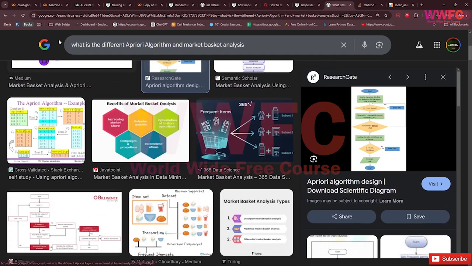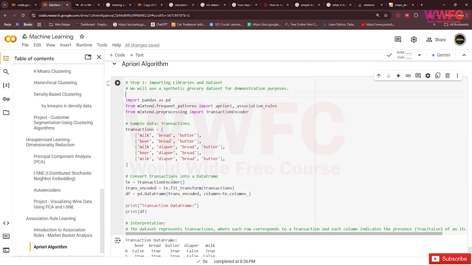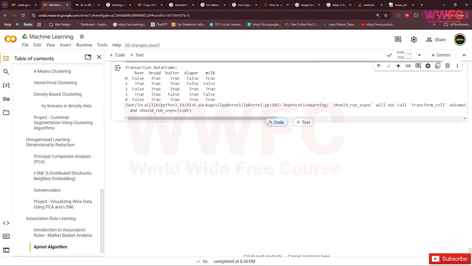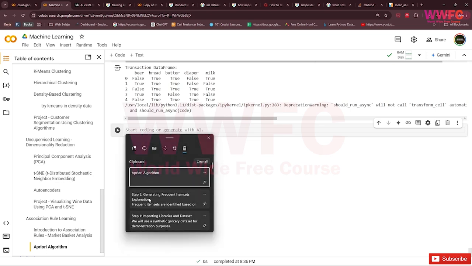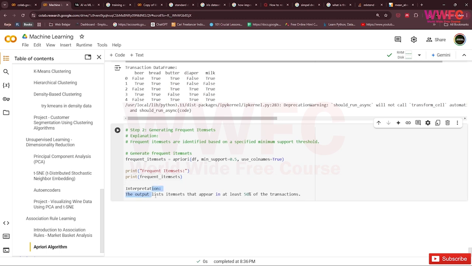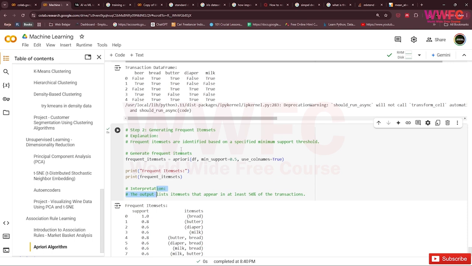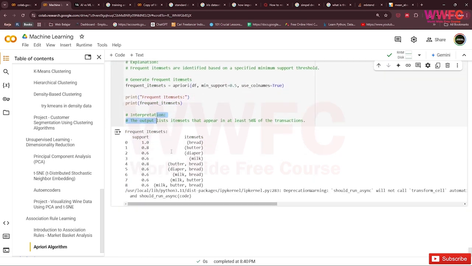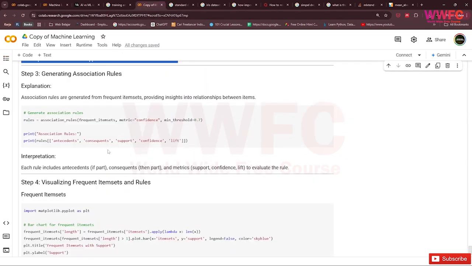So we go back to our data, and step 2 is generating frequent item sets. Frequent item sets are identified based on a specified minimum support threshold. This is the same as in the market basket analysis.